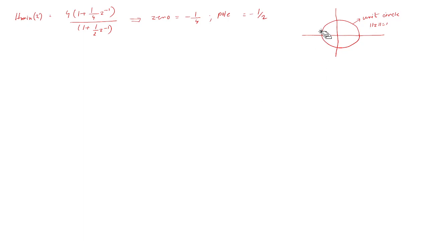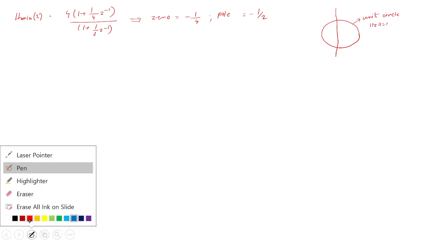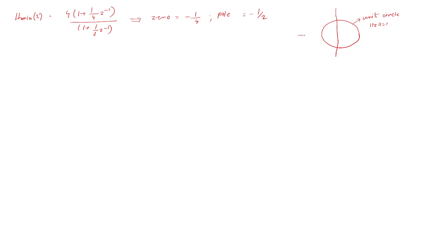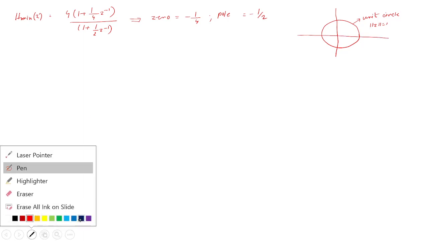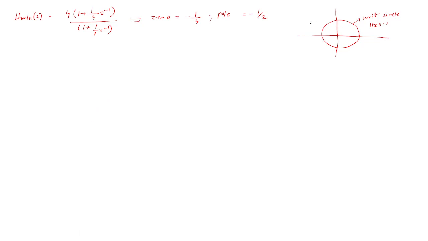Actually I did wrong, but okay. Here is the pole, here is the zero. The zero is at minus 1 over 4. The pole is at minus 1 over 2.